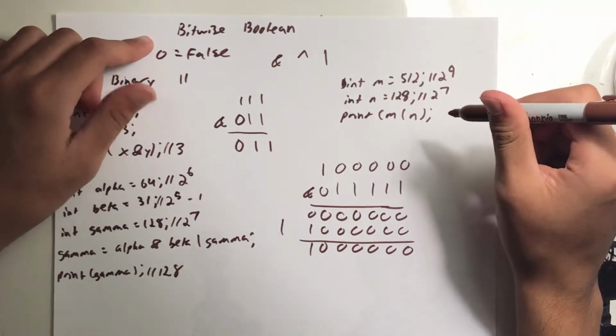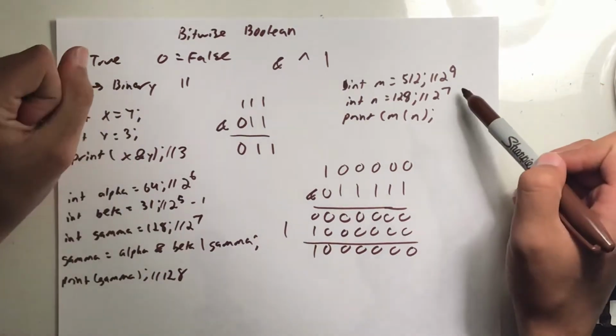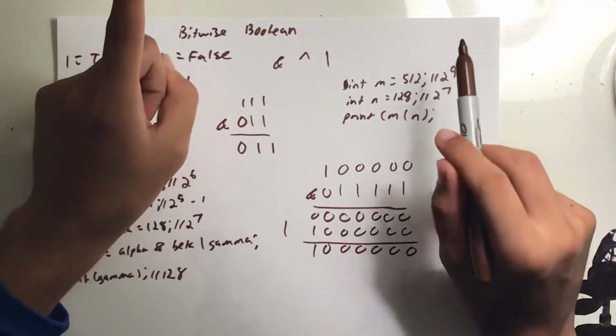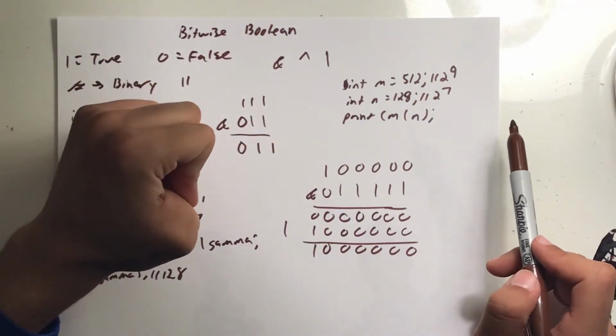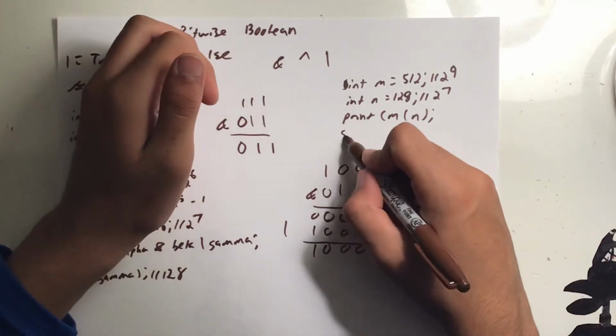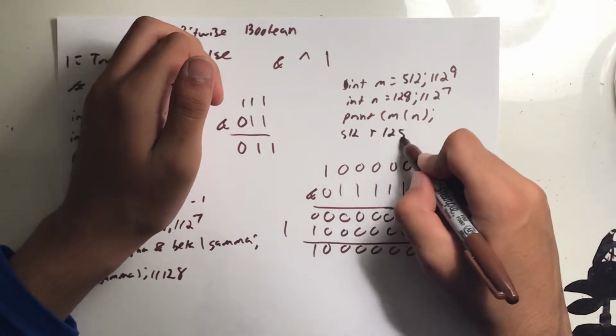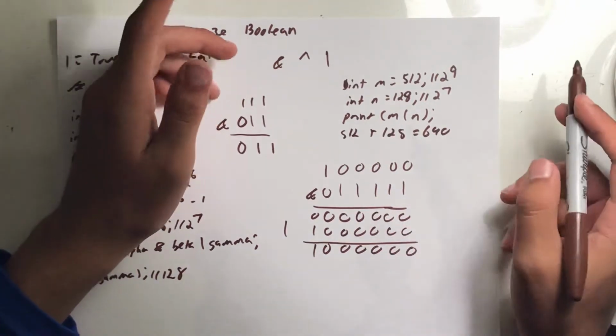Because we're ORing them, and because these are powers of 2, they only have a single 1 and the rest are zeros. Same thing here, right? And because this is farther than that, we're just going to add them. 512 plus 128 equals 640. But why, Michael? Why?